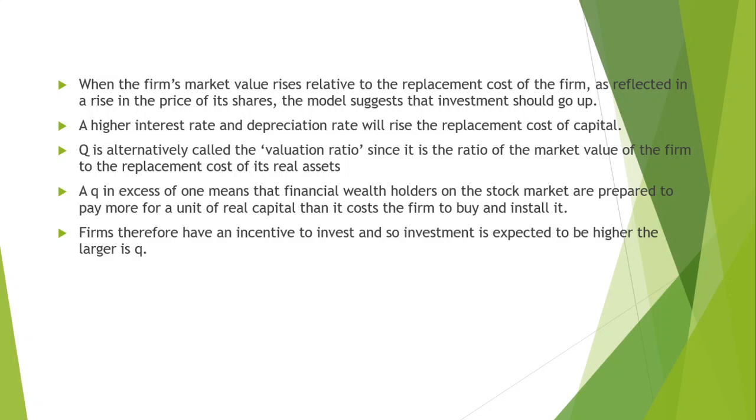Market value of the firm is obtained by what? The share value of the firm, and it is divided by the replacement cost. If the share value of the firm is higher, it is good for the firm to invest. And finally when it becomes equal to 1, then investment is at its optimal level.